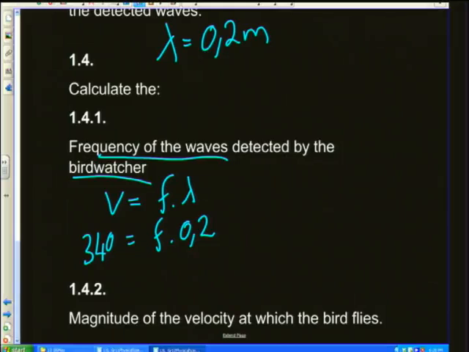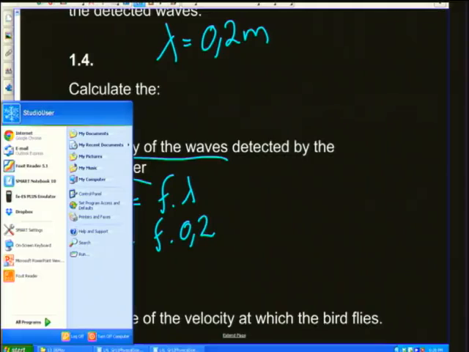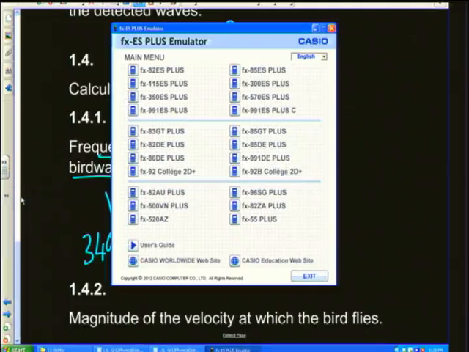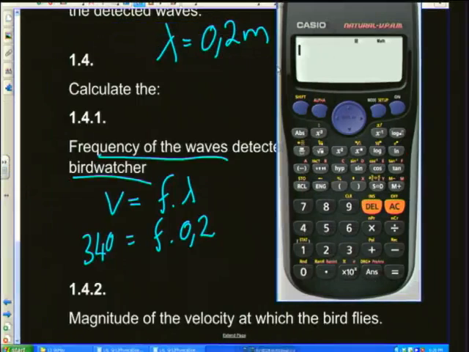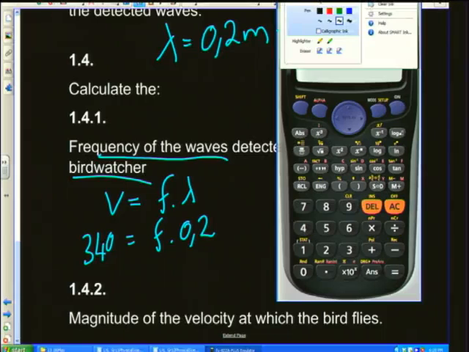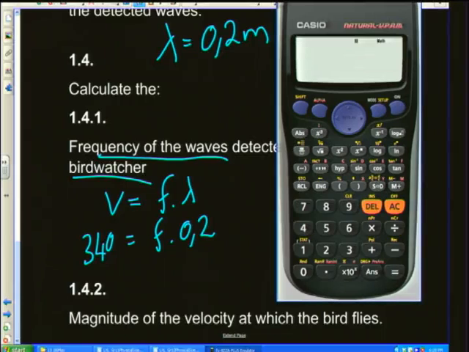Let's divide both sides. And I think I'm going to need a calculator, which I didn't get out. So I'm going to quickly see if I can get it up. And there's my Casio calculator to work with. 340 divided by 0.2, and we get 1700.